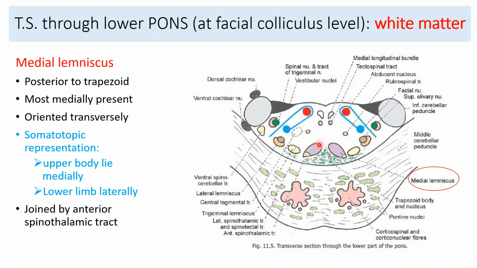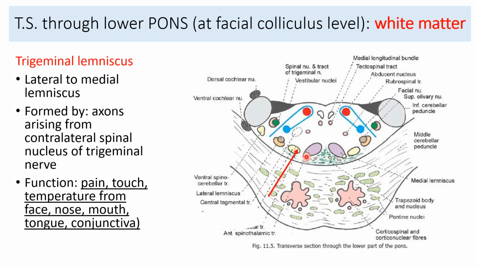It will be represented medially, and the lower body which was represented anteriorly is going to be shifted to the lateral aspect of this medial lemniscus. The medial lemniscus will be joined by another ascending tract, which is the anterior spinothalamic tract. That is why you can see this union between the medial lemniscus and the anterior spinothalamic tract. So together they are ascending up. This is the anterior spinothalamic tract.